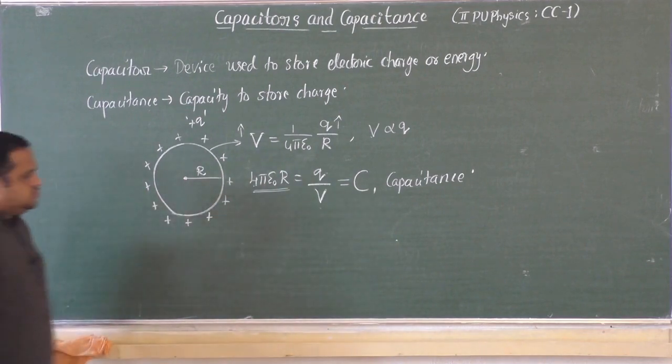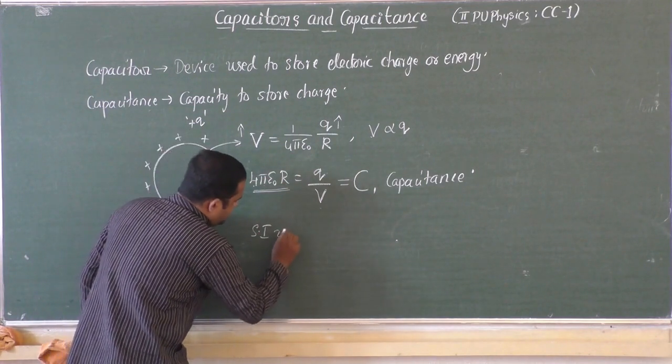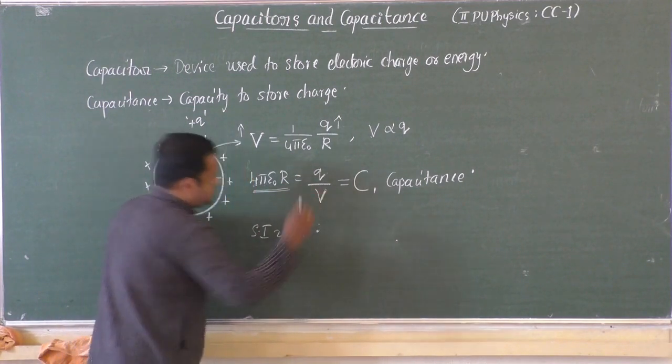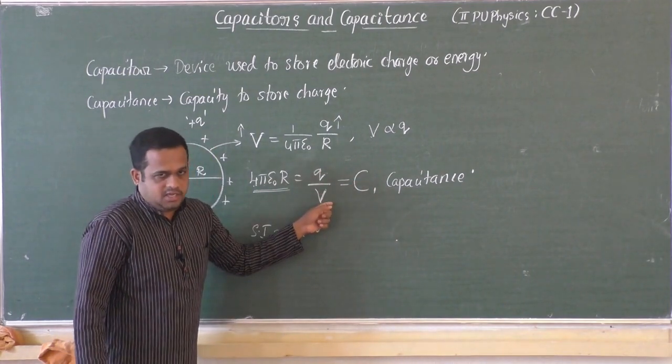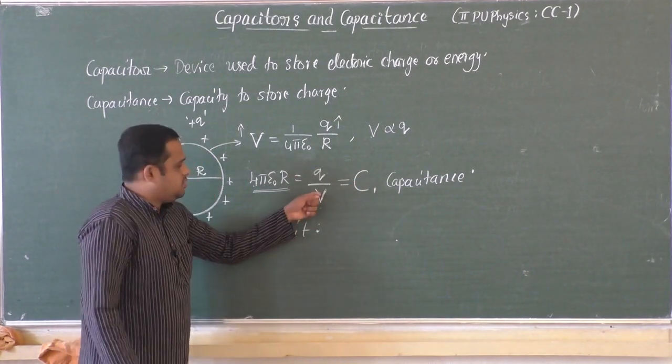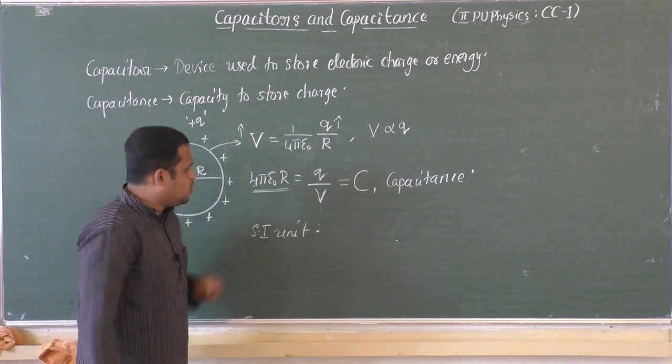Now, what is the SI unit of capacitance? Capacitance is given by Q divided by V, where Q is in coulomb, and in the denominator we have potential, whose unit is volt.